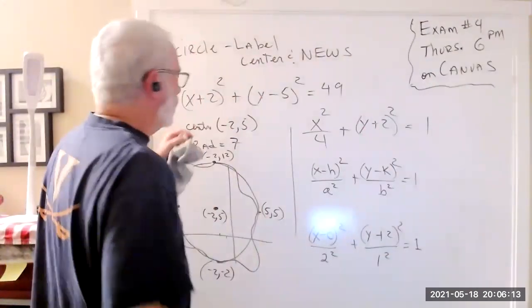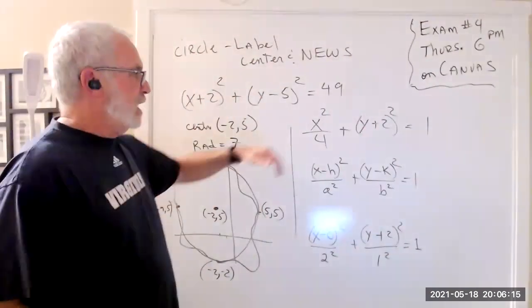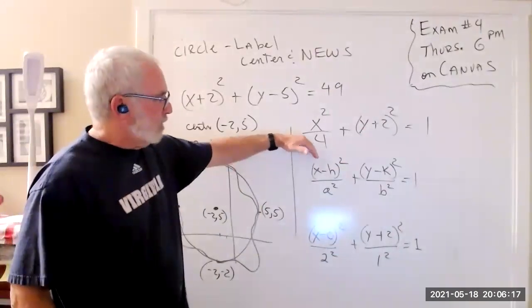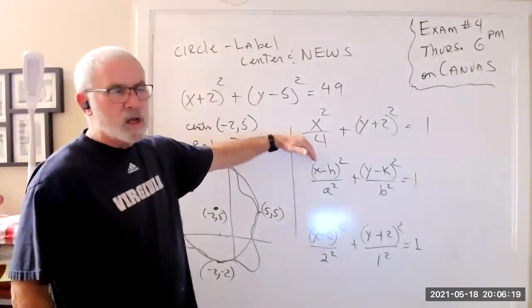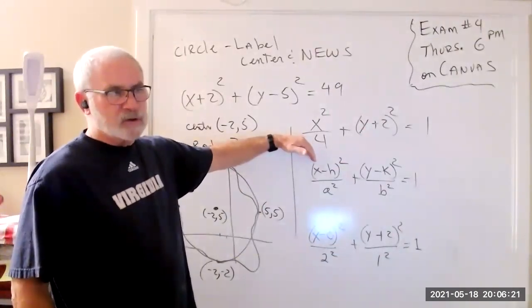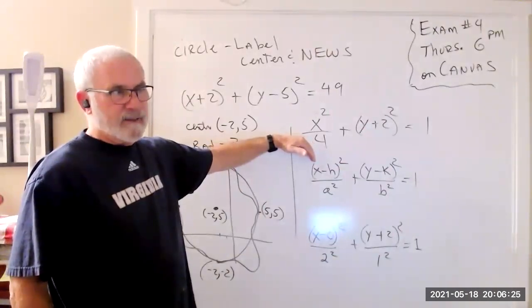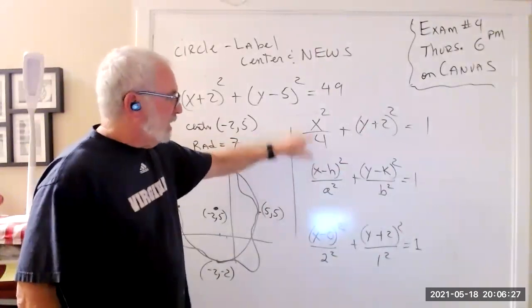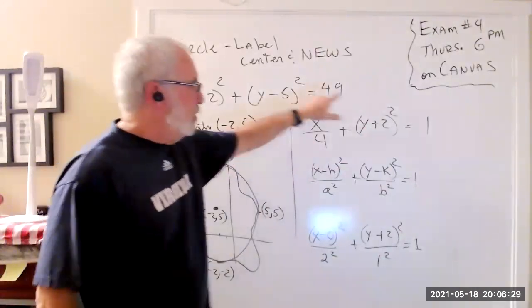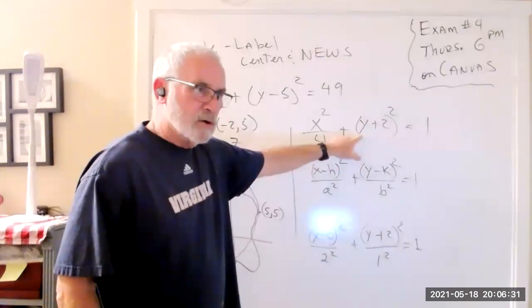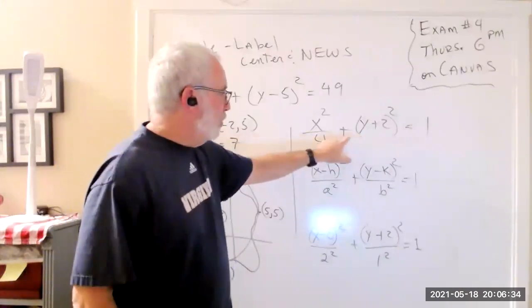All right, so does everybody understand back here on this problem how I knew it was an ellipse, just glancing at it? It's divided, X is being squared, Y is being squared. They're both positive.